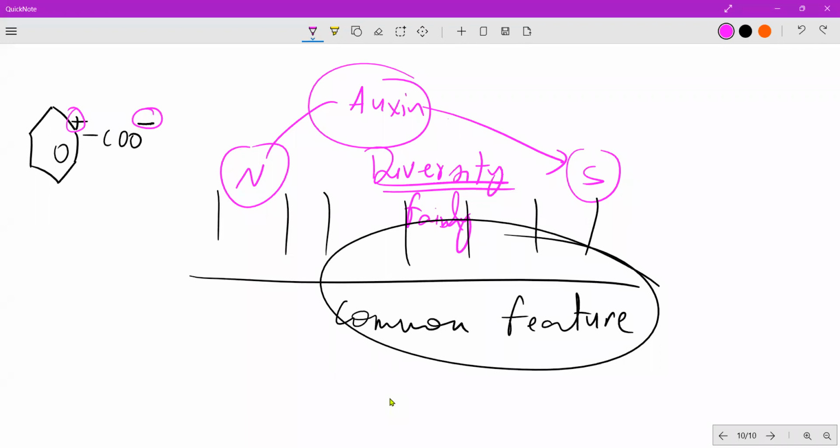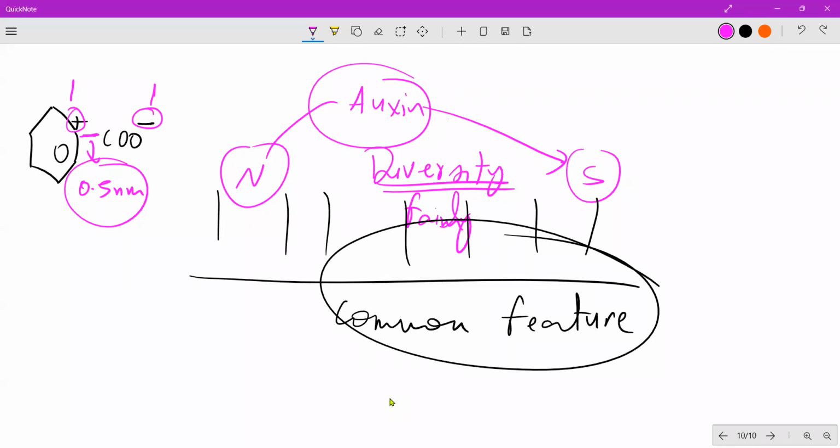Now, what is the common feature? The common feature is that in all auxins, the distance between the negative charge and the positive charge is about 0.5 nanometers. So this is a common feature: a molecular distance of about 0.5 nanometer between the positive charge on the aromatic ring and the negative charge on the carboxylic acid group.